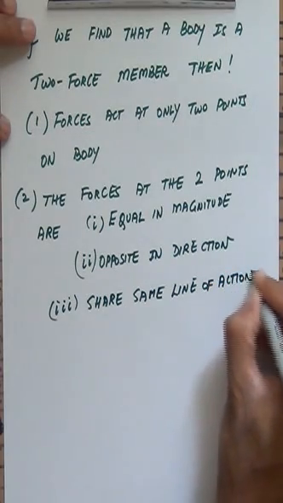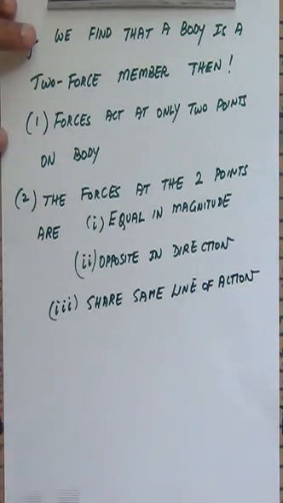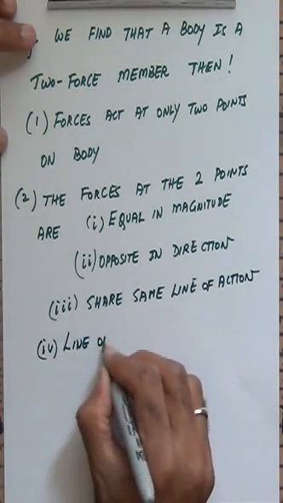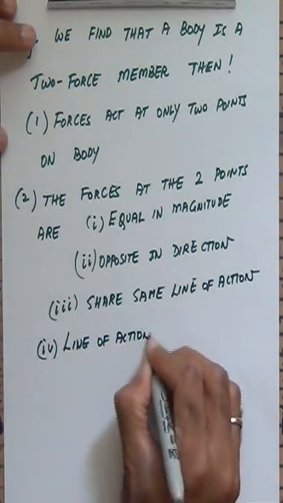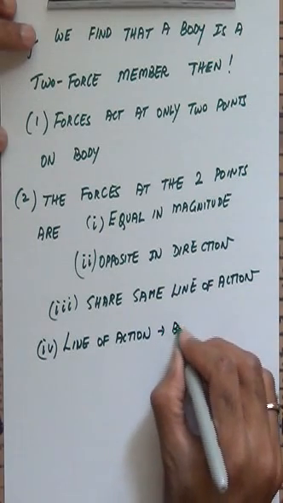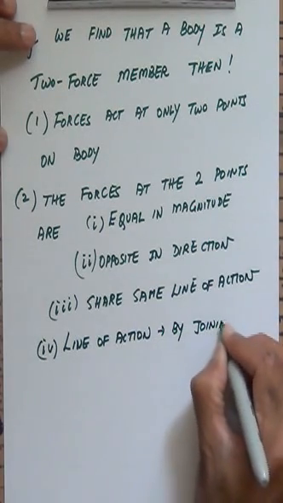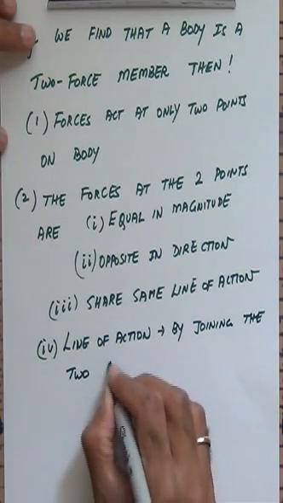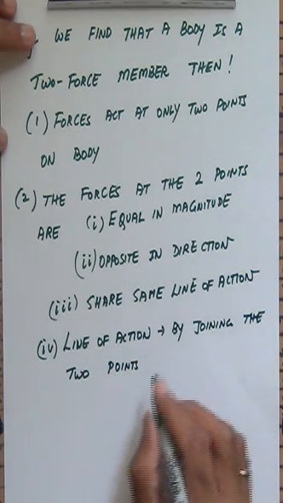How do you obtain that line of action? By basically joining the 2 points in a straight line.